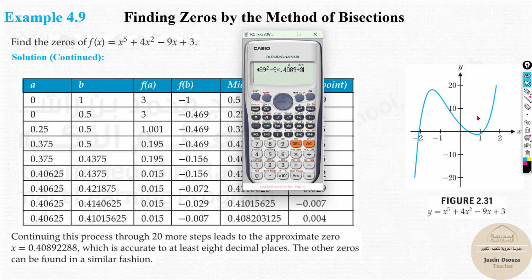Now when I press equal to, the y value must be very close to 0. Let's see. Yes, it is almost 0, right? It's 0.000127 and so on.